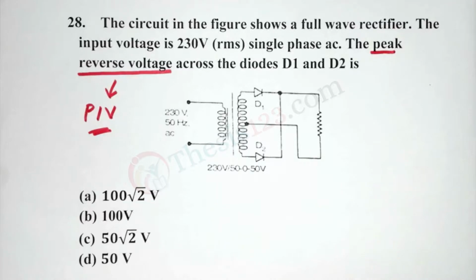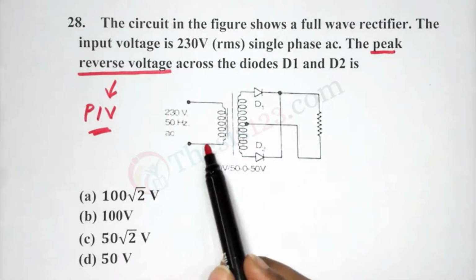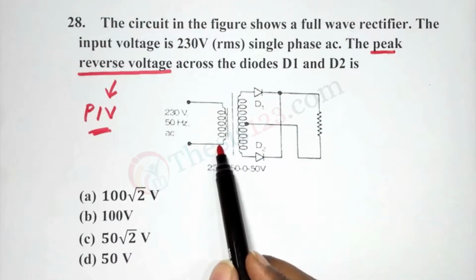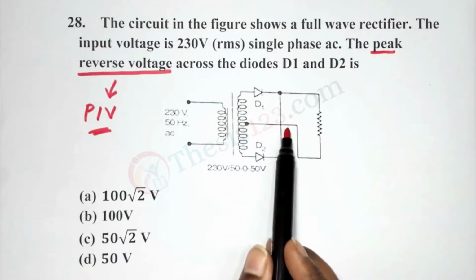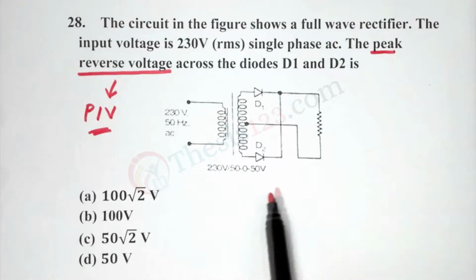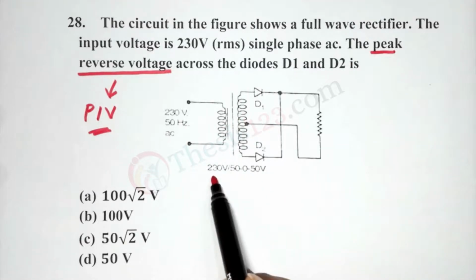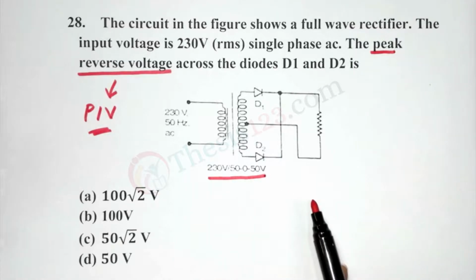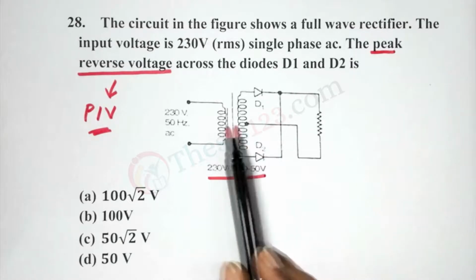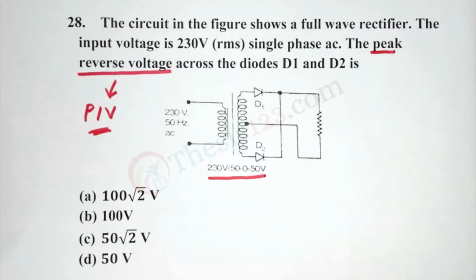So if you notice the diagram over here, we have our primary and secondary. You will see that the full wave rectifier here, the rating has been described over here, 230 volts by 50-0-50 volts, center tap, right? So during the first half cycle of the supply, the top of the transformer secondary winding is positive.